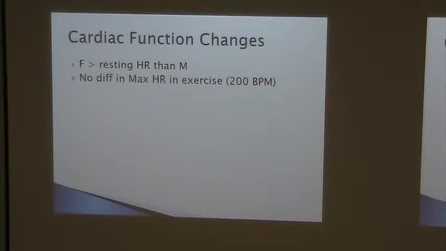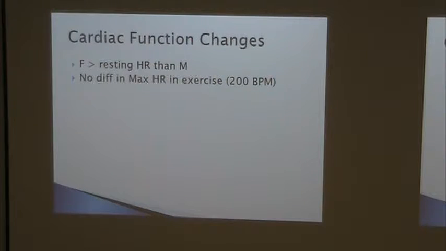Now, for children, there is no difference in their max heart rate between males and females in exercise. Okay? Now, for children, what it says there, 200 beats per minute. Yep. You all know 220 minus your age tends to be your max heart rate. For children, though, it's right at around 200.